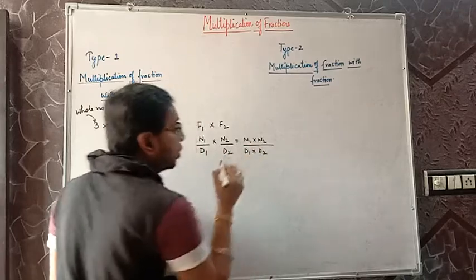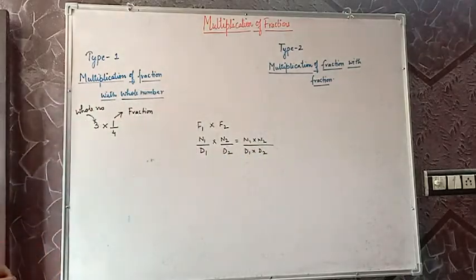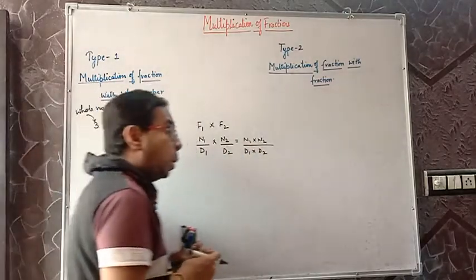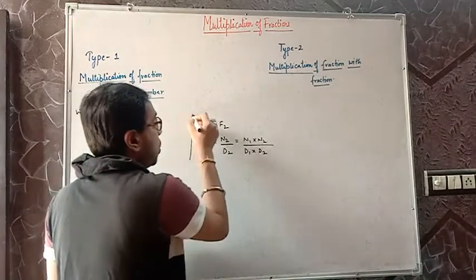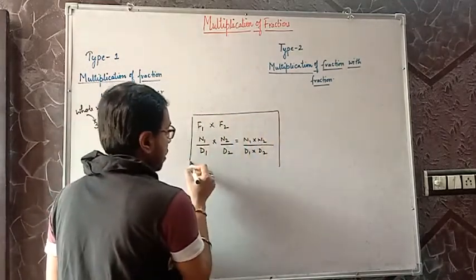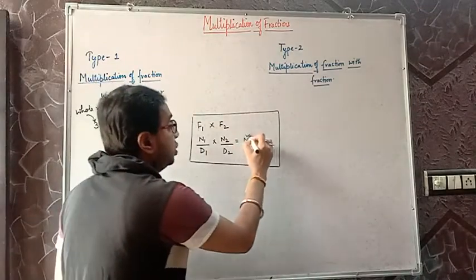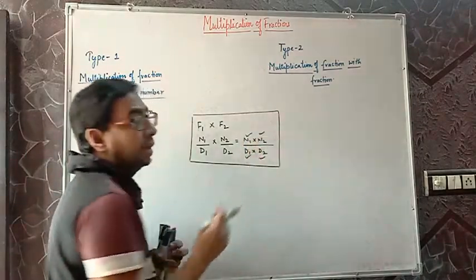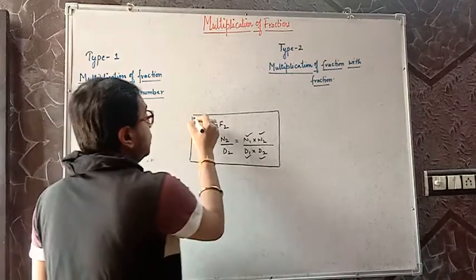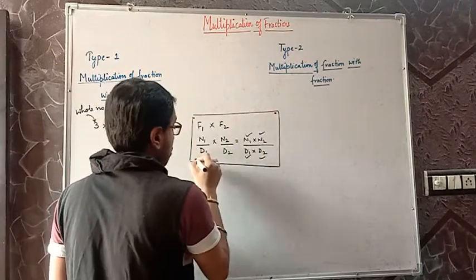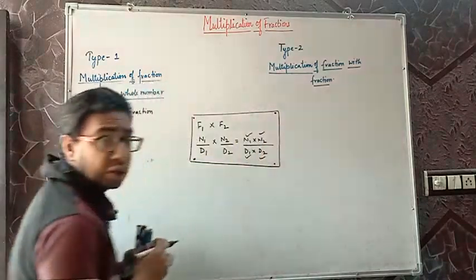We will never bother about whether we are having like fractions or unlike fractions. We just simply focus on multiplication. We multiply numerator with numerator, denominator with denominator. This is the fundamental rule of multiplication of fractions.